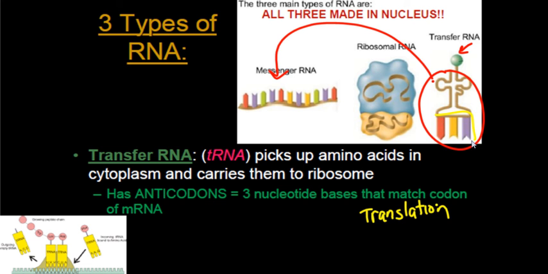Its codon right here is called an anticodon. It is the one that will bond with the codon of the mRNA and make sure that it's reading the message correctly, translating it correctly. If we looked at this picture, we have several tRNAs which bring in each individual amino acid to eventually be built up into a nice chain, polypeptide.